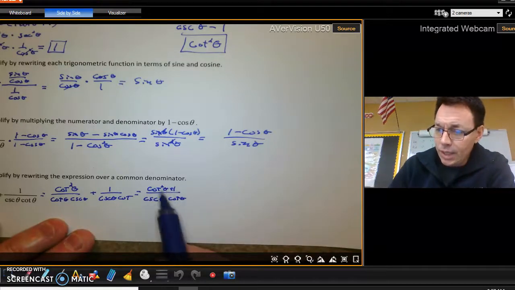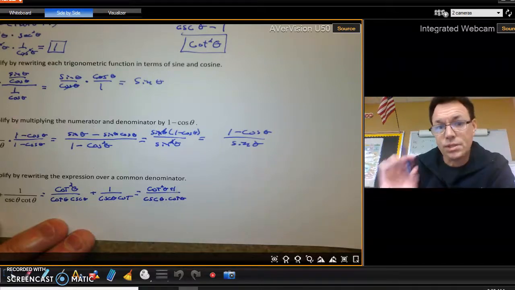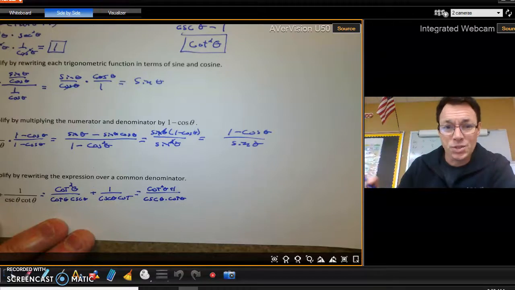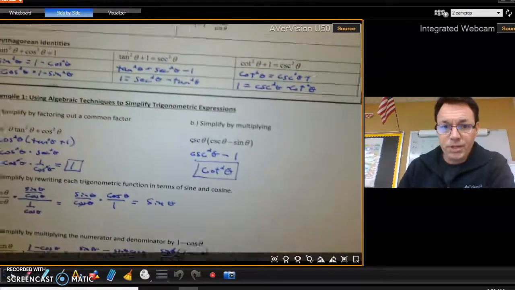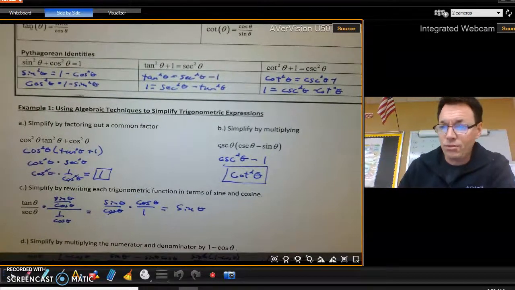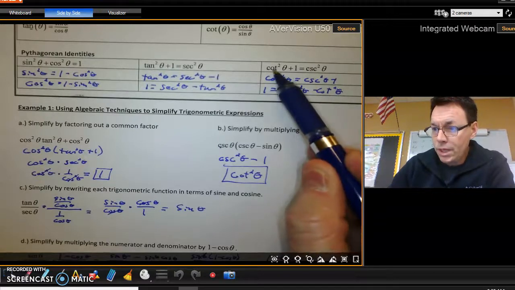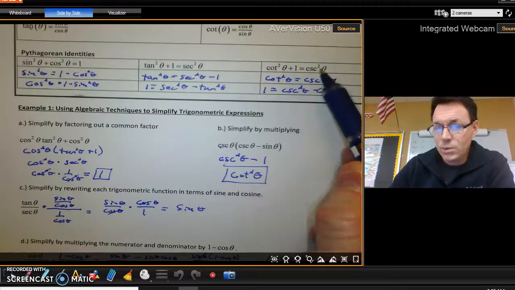Now, by doing that, I have this cotangent squared plus 1. Again, whenever you see something squared, like plus or minus 1, go to your Pythagorean identities and see if you can find it. Cotangent squared plus 1 is cosecant squared.